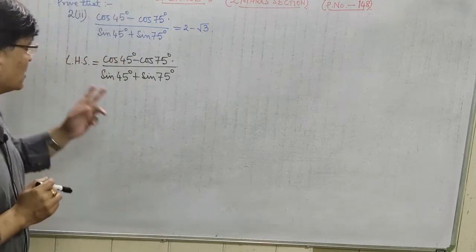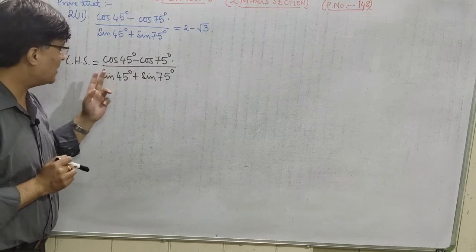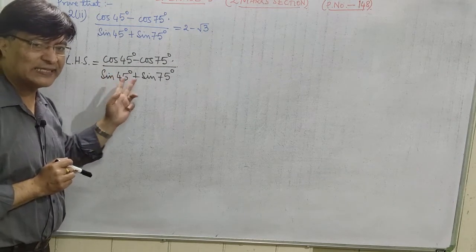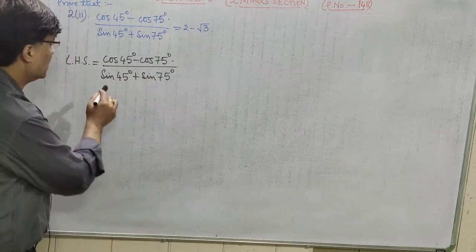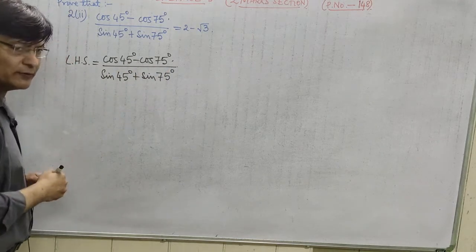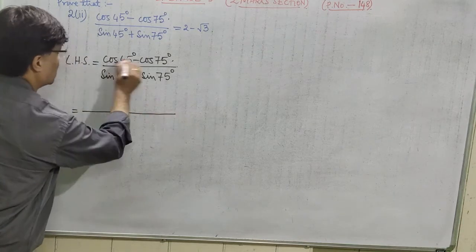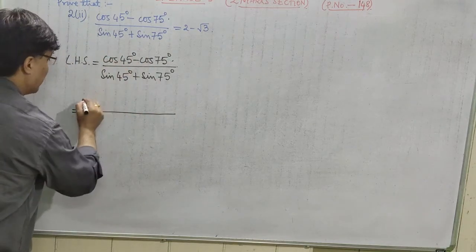Okay, so let us use here the formula of cos C minus cos D, and in the denominator you can use the formula of sin C plus sin D. Here C is 45 and D is 75. Here also C is 45, D is 75. So what is the formula in the numerator? Cos C minus cos D. C is 45, D is 75.